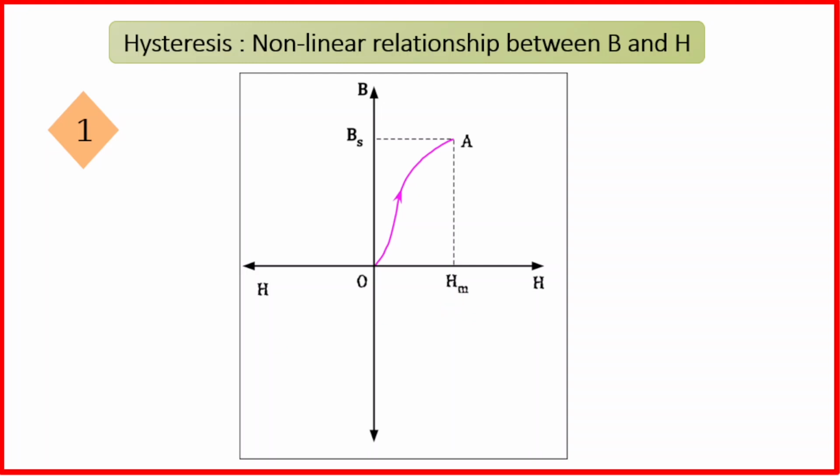Now if H is decreased slowly, the magnetic induction decreases but does not follow the initial magnetization curve and lags behind the magnetizing field H. When H is decreased from Hm to 0, the magnetic induction B does not become 0, but it has a finite value Br at the point C. This OC represents the retentivity of the ferromagnetic material, and this retentivity is defined as the residual magnetism.